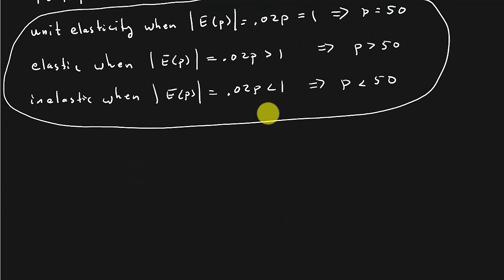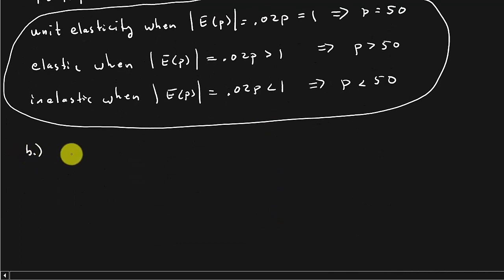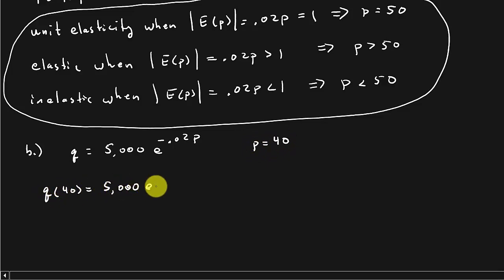This is part B, and we know Q is equal to 5,000 e to the negative 0.02 P. We want to know when P is equal to 40. So Q of 40 is equal to 5,000 e to the negative 0.02 times 40.